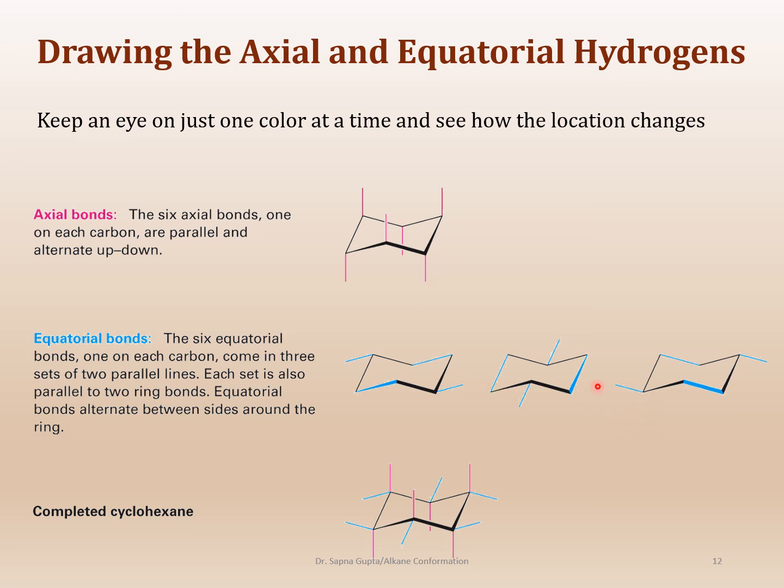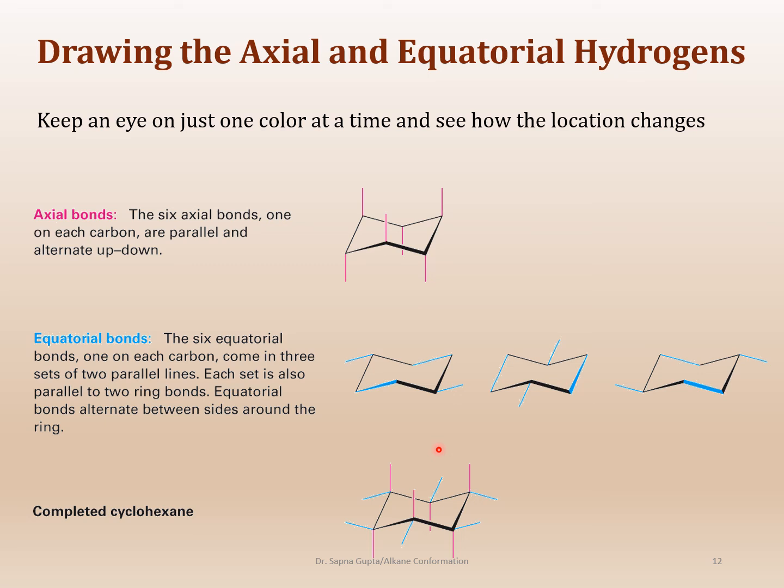These are the blue ones that we have. The blue ones are going at an angle, and this is again like an equator, so it's going horizontal. The axial hydrogens, remember, go up and down, whereas the equatorials go a little bit more horizontal, but they're still angular. They're not completely straight.